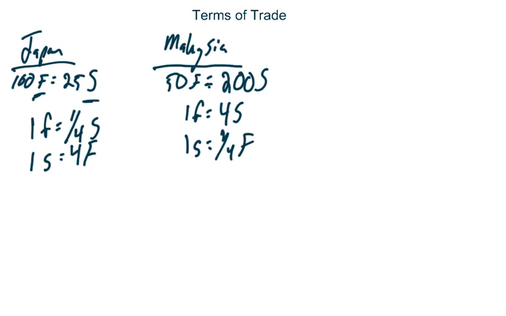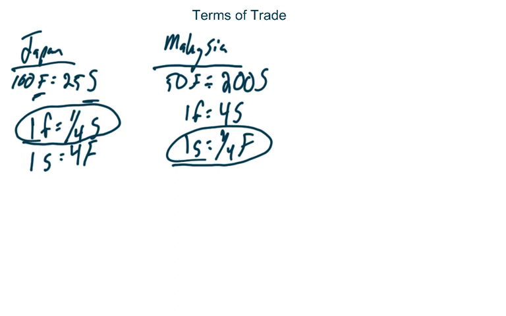This means that Japan should concentrate on catching nothing but fish, while Malaysia should concentrate on catching nothing but shrimp. All right, so now we found the comparative advantage. We have to find terms of trade that will be acceptable for both countries. So Japan is going to be catching fish, while Malaysia is going to be catching shrimp.